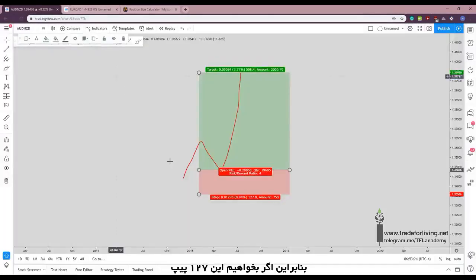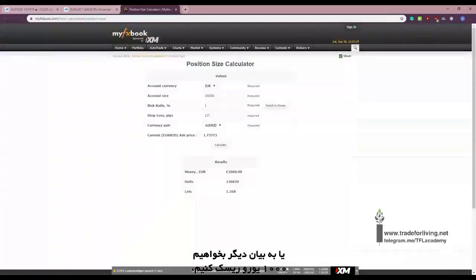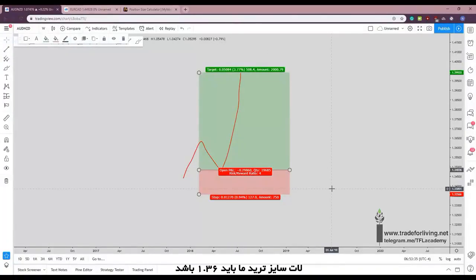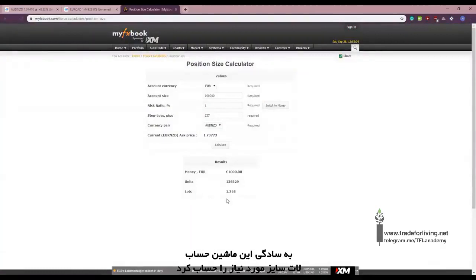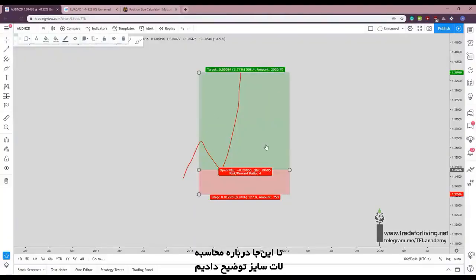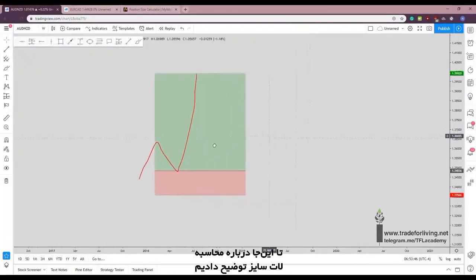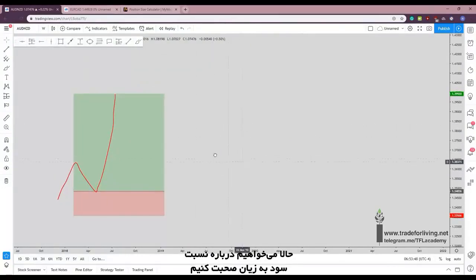So if we want this 127 pips to be a $1,000 risk, then we need to regulate our lot size to be 1.36 lots, as the calculator has just given us. Very simple concept.